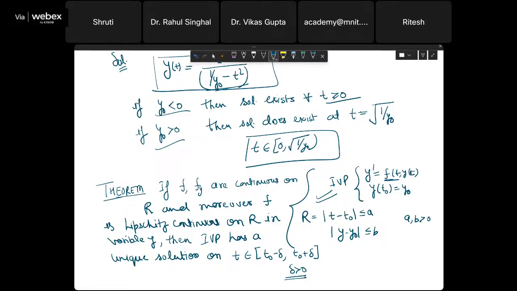Okay, so you can understand with this result that the solution exists only in the neighborhood of the initial point t naught, y naught. What is our initial point? t naught, y naught.